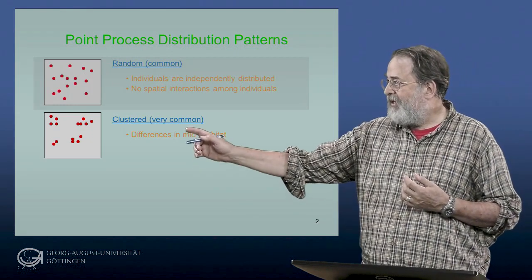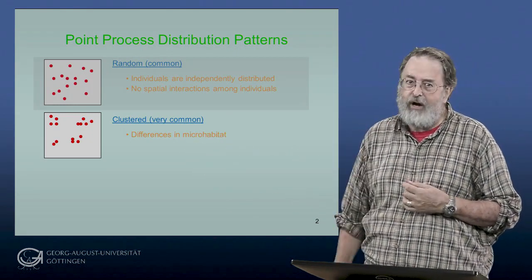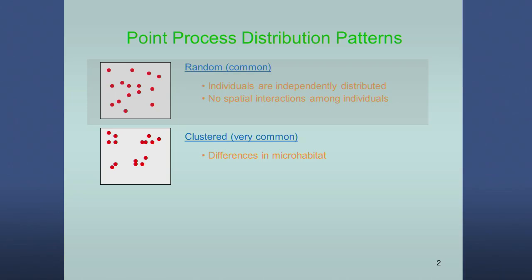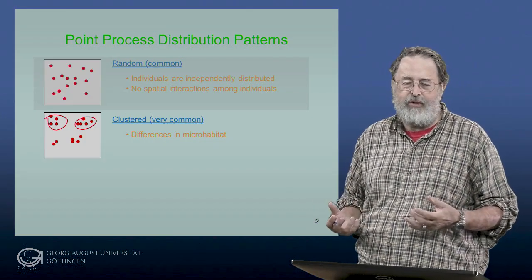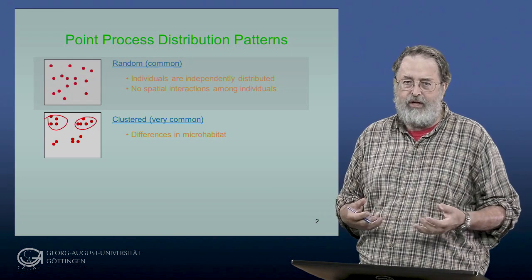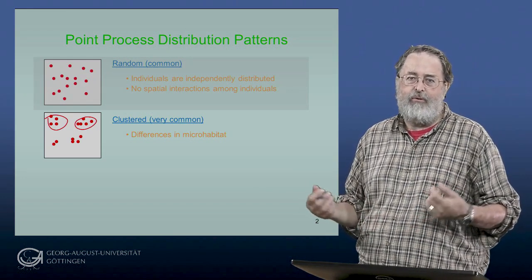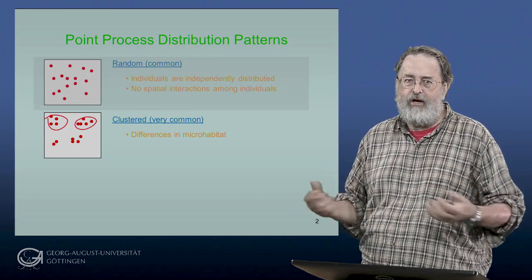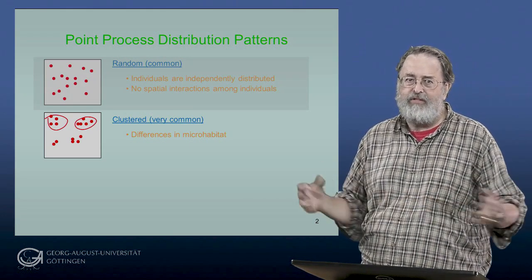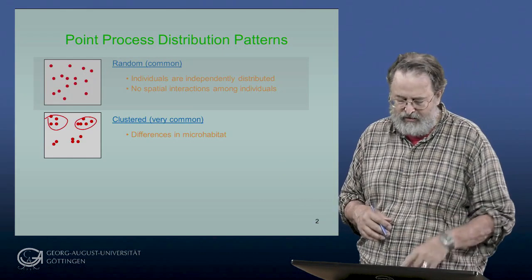One, it can imply that there's a difference in microhabitats. And so the reason that we see a cluster here and a cluster there may be because there are different nutrients available. So these might be areas with high nitrogen, so the organisms can grow there or be there, and other places are low in nitrogen. So this can cause a pattern in the system because of this background difference in habitat.